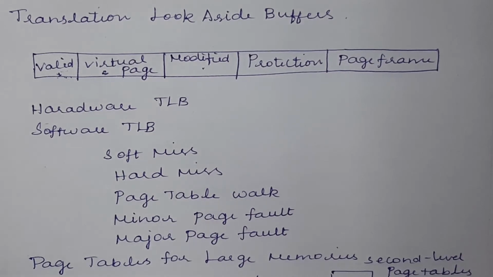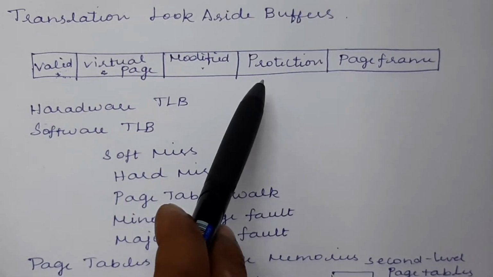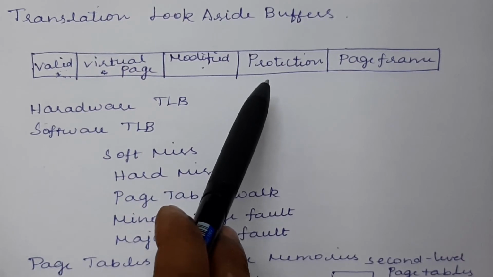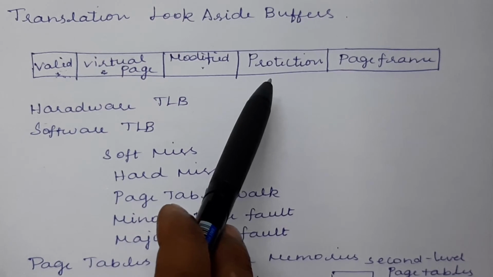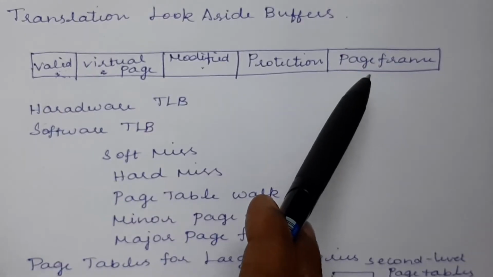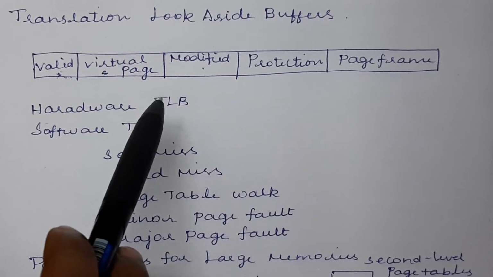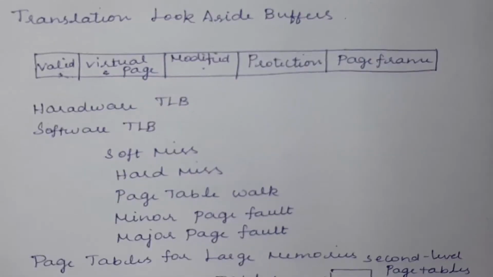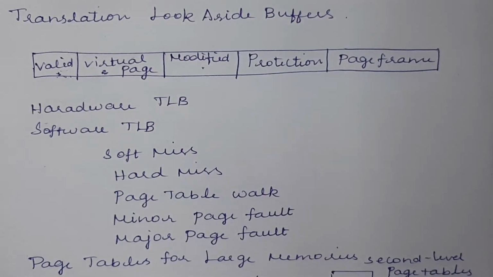The next one is the protection field, which allows different access types like read access, write access, or execute access. And then the page frame: for this page, we get the frame number from this field. So these are all the field values we can have for the TLB, in the same way as for the page table entry.